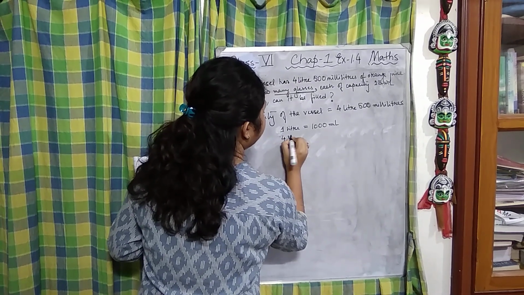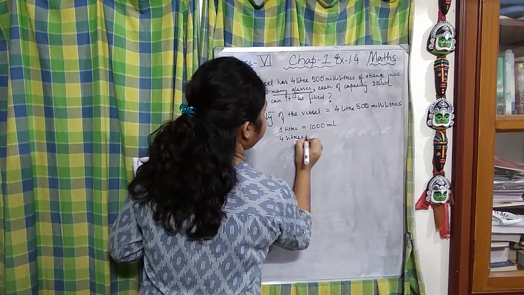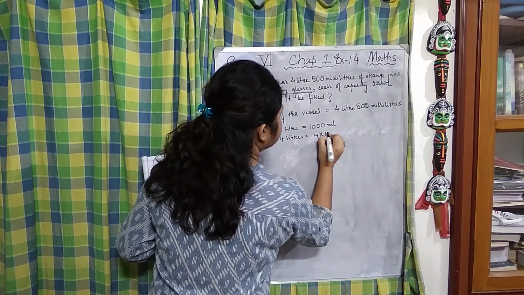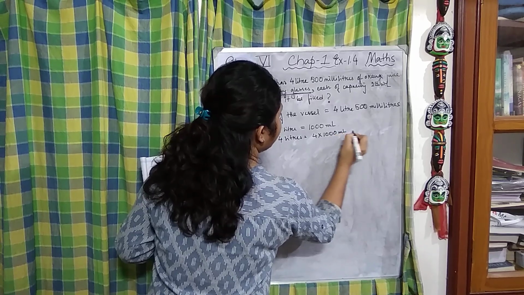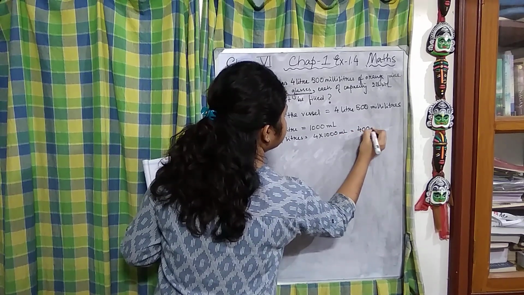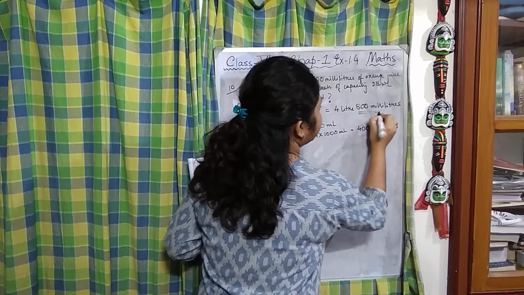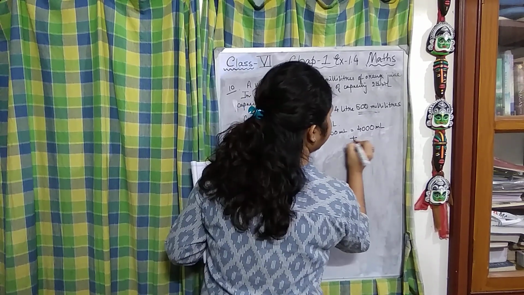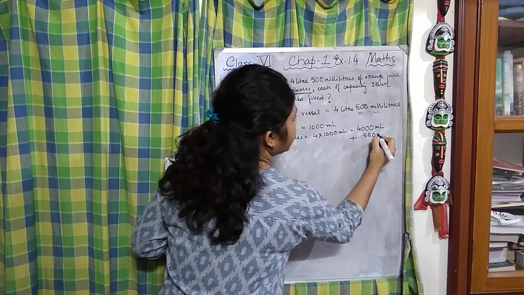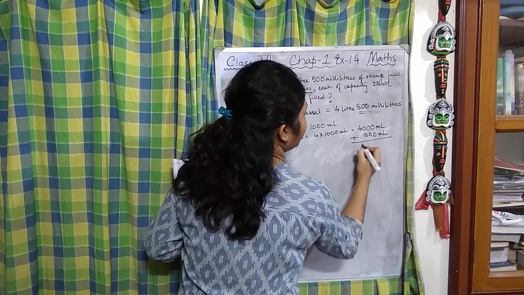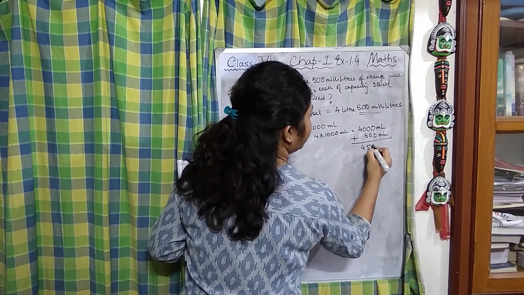So 4 liter will be 4 into 1000, that is 4000 ml, right? Now the 500 ml that is remaining will be added up with it. So how much will it be?